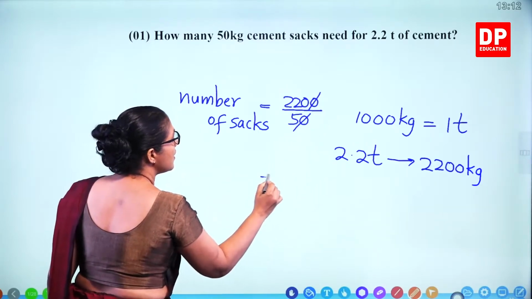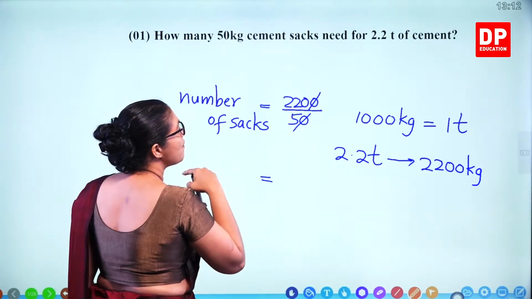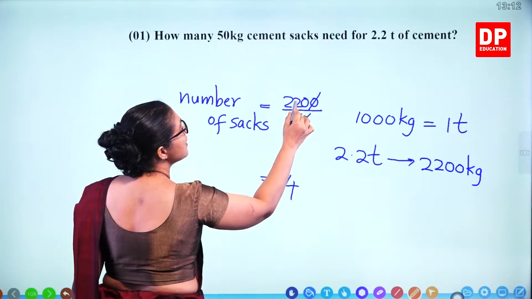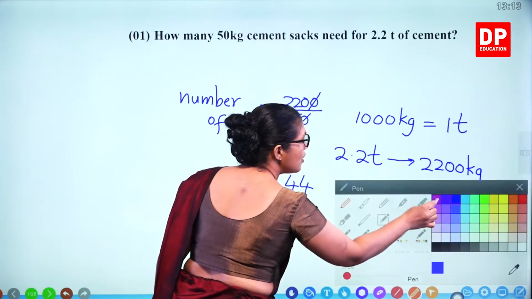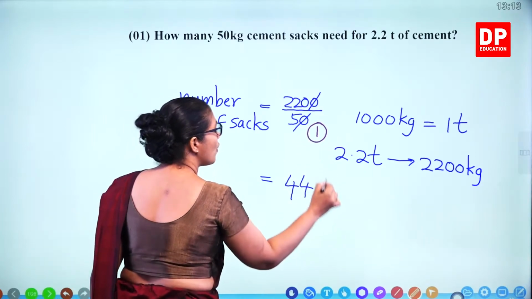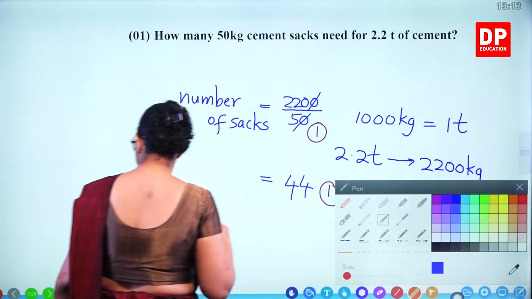Divide by 10, you get 220 divided by 5. 5 times 4, 20. And for 20 again 4. 44 sacks are there. So that's the answer. You get 2 marks: 1 mark for the method and 1 mark for the accuracy.